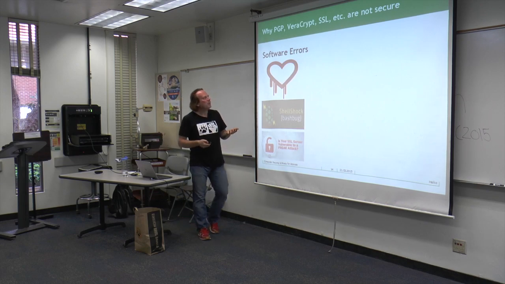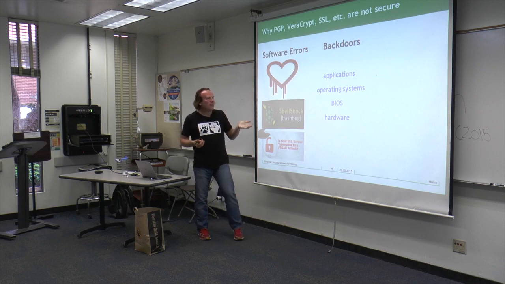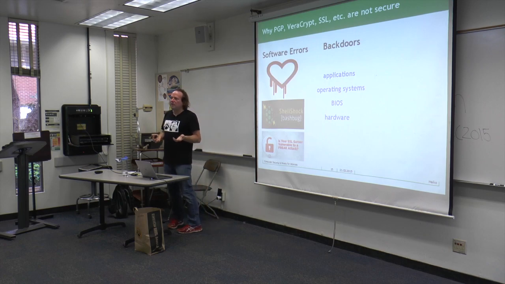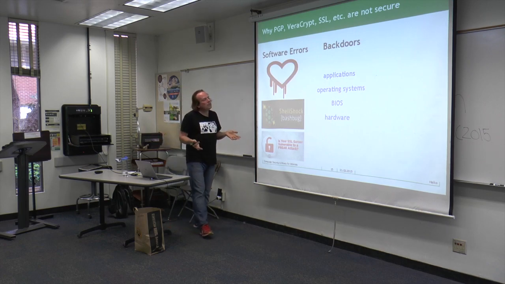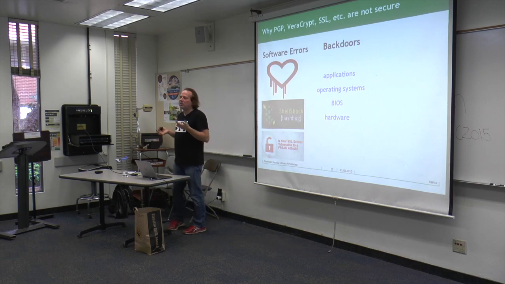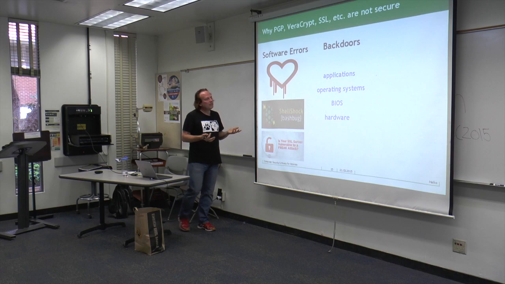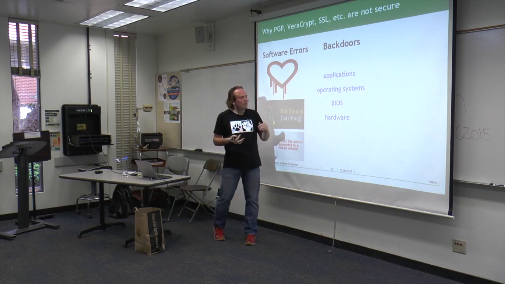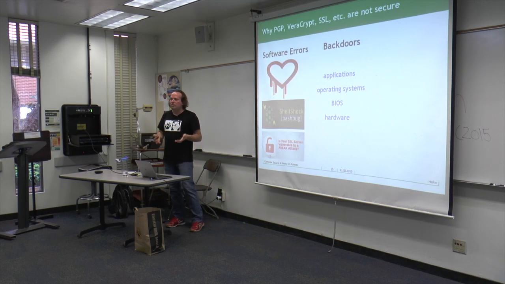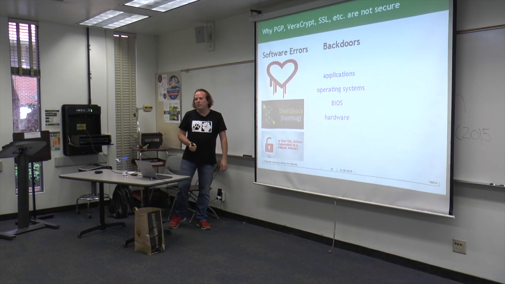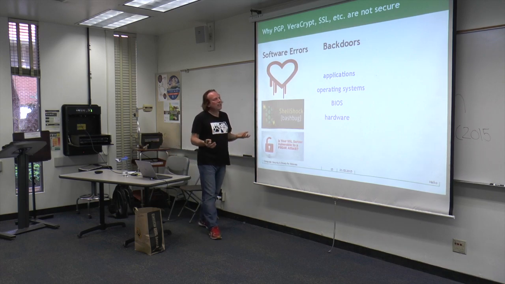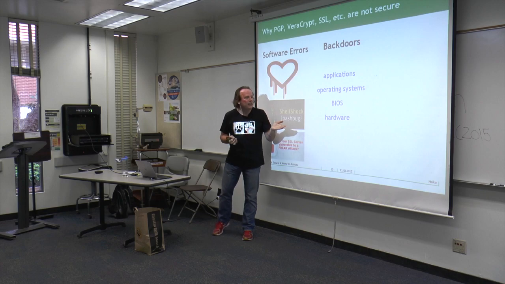That's one big problem. The second problem that we are facing is that there is a lot of software out there which has backdoors. It is known that the Microsoft operating system, Windows, has backdoors which provide government agency access to the operating system. There is the assumption that even the BIOS, the little piece of software which is used in every computer when it starts up to load information, can actually have backdoors by the NSA.